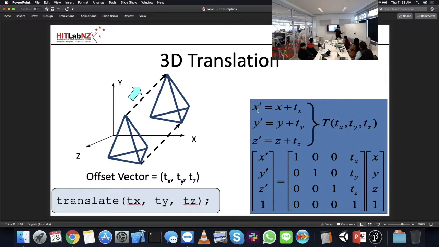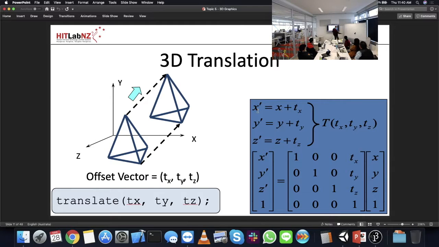Third one, 0 times X, 0 times Y, 1 times Z, and Tz times 1 simplifies down to Z plus Tz, which gives us Z plus Tz.